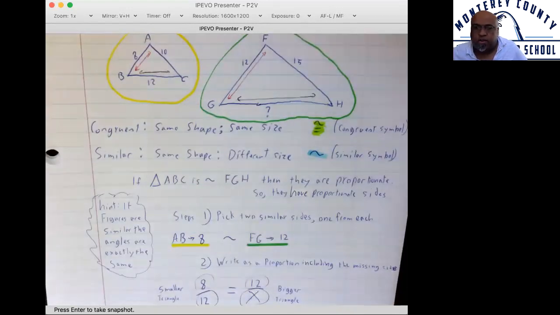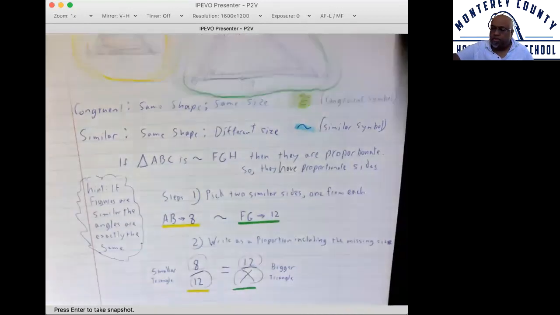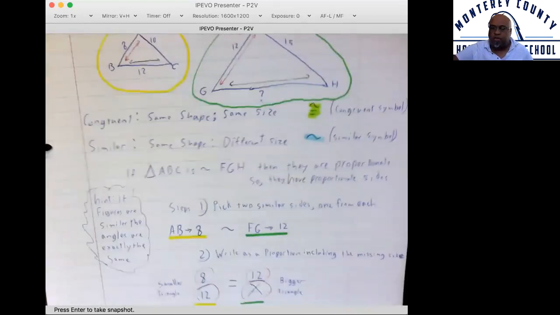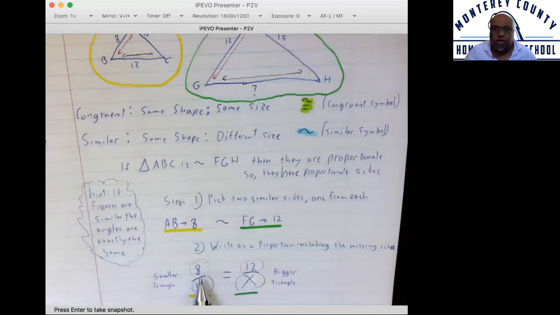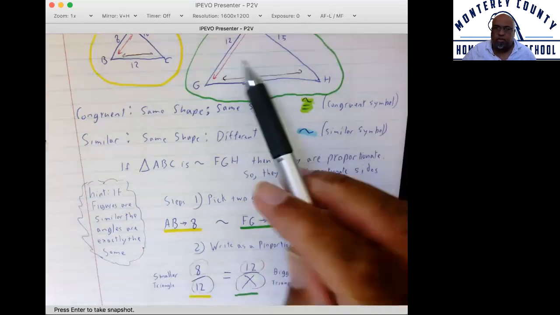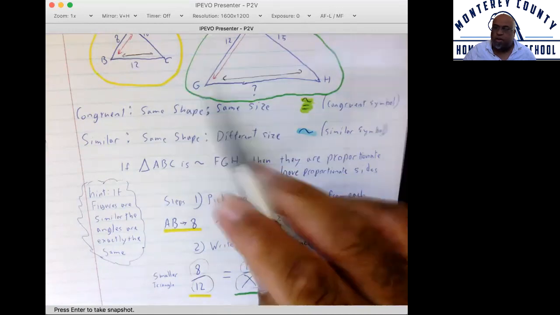Side AB is 8, so I put 8 as part of my proportion. Side FG is 12, and it corresponds to side AB.